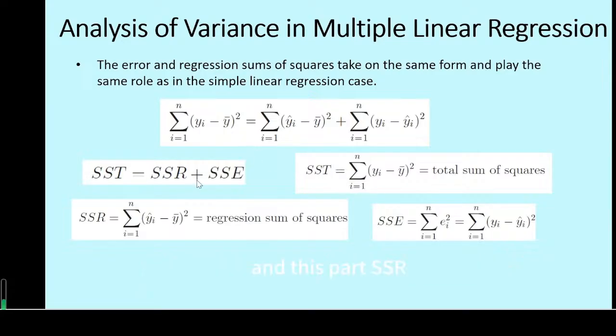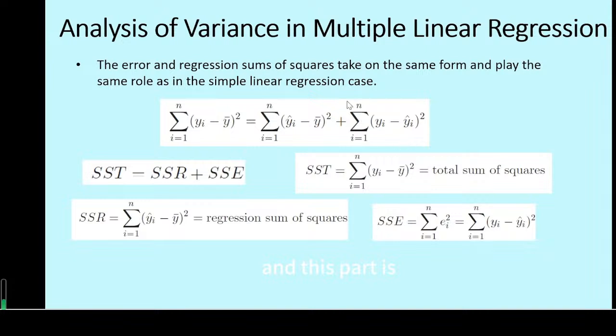And this part, SSR, uses y hat, which is the value on the regression line, the fitted value of y. So it is the sum of squares of the differences between the fitted values and the mean value. This is the model's power to capture the variation of y.